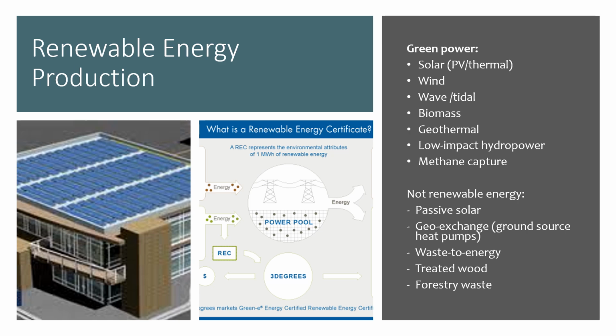Methane capture in the form of biogas that is both captured and used on-site may qualify as a Tier 1 renewable energy resource. Not renewable energy are passive solar, geo-exchange or ground source heat pumps, waste-to-energy plants, treated wood, forestry waste, and natural ventilation.